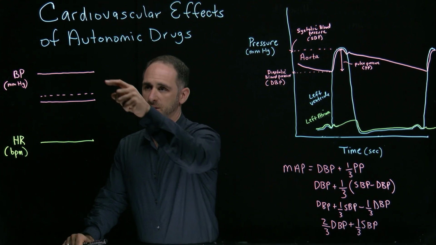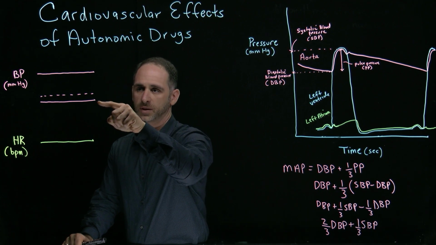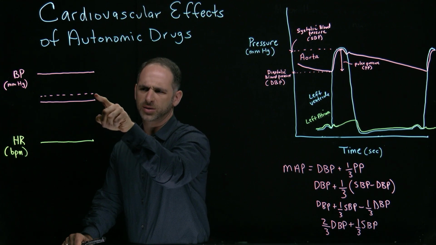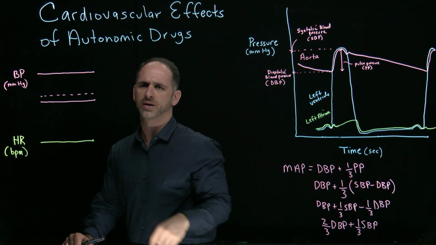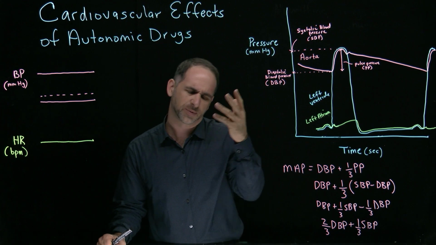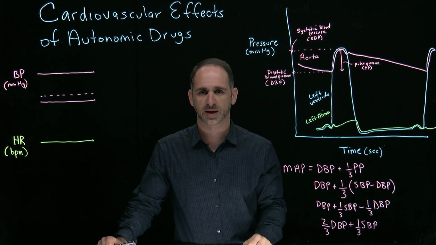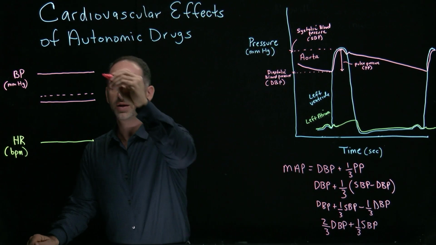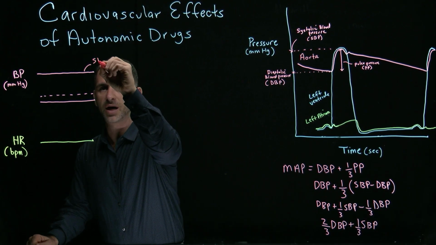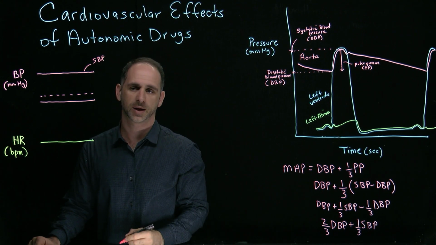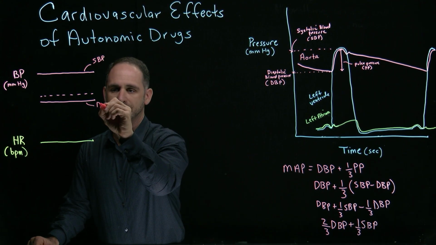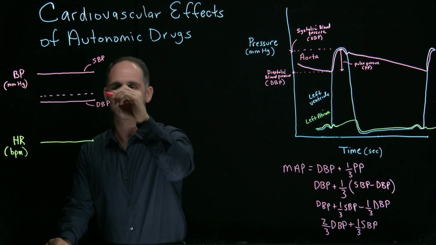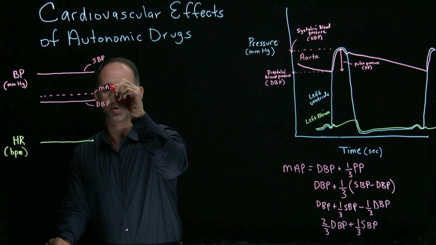There's a top line, the maximum pressure, a bottom line, the minimum pressure, and then there's a line near the minimum line, which we made dotted. It doesn't always have to be dotted, but that's how it's shown here. The top represents the systolic blood pressure, the bottom represents the diastolic blood pressure, and the dotted line represents the mean arterial pressure.